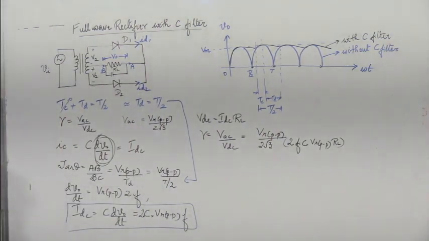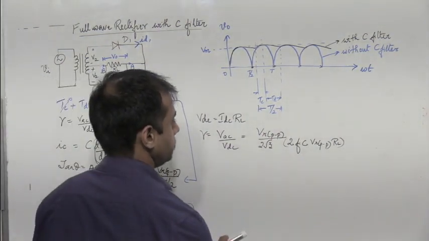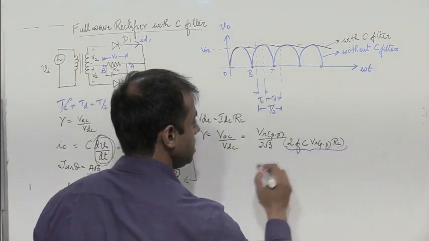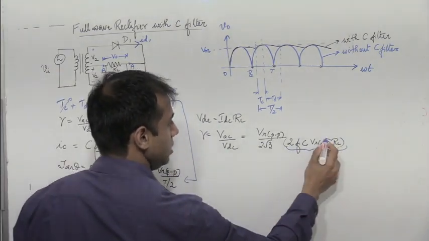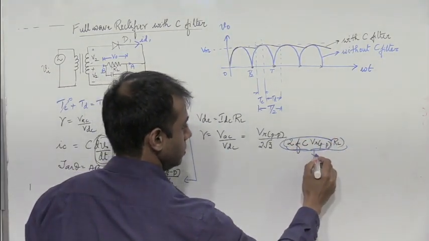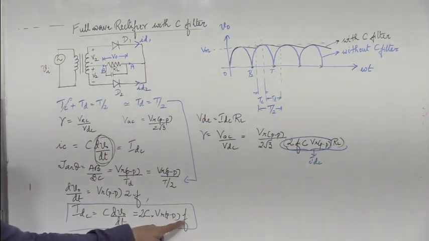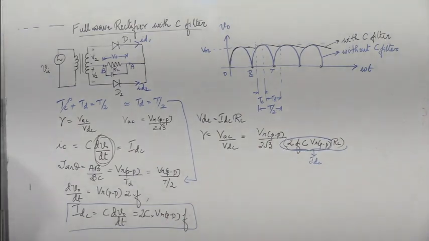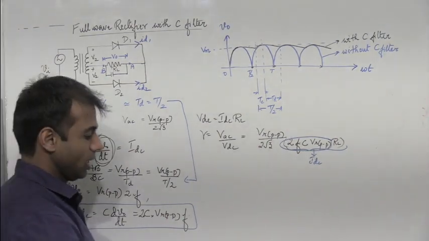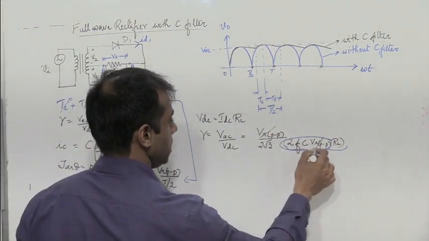So this is VDC, and IDC is what we have got here. So it is 2FC VR peak to peak into RL. Right? So I can cancel VR peak to peak.